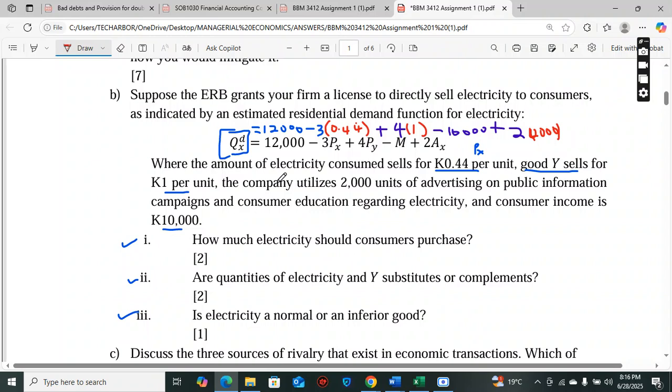How do you identify? In the question, it will be direct to you. Have you seen here? We've been told this is a demand function for electricity, and they've said here where the amount of electricity consumed sells for 0.44. As you can see, this demand function is QDX, the quantity demanded for good X, which is electricity. So PX should be the price of that good.